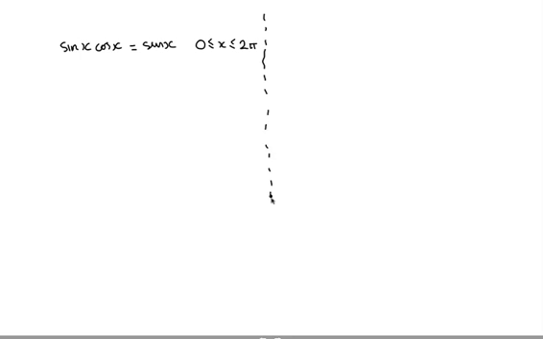Now, you might, looking at this equation, be tempted to go for the step, why don't we divide both sides by sine x? That would certainly simplify things. We could cancel, get a 1 here, cancel the sine x, get a cos x equals 1.